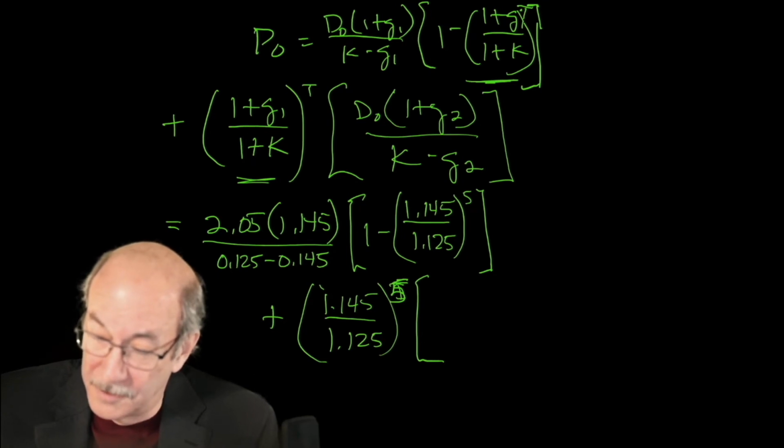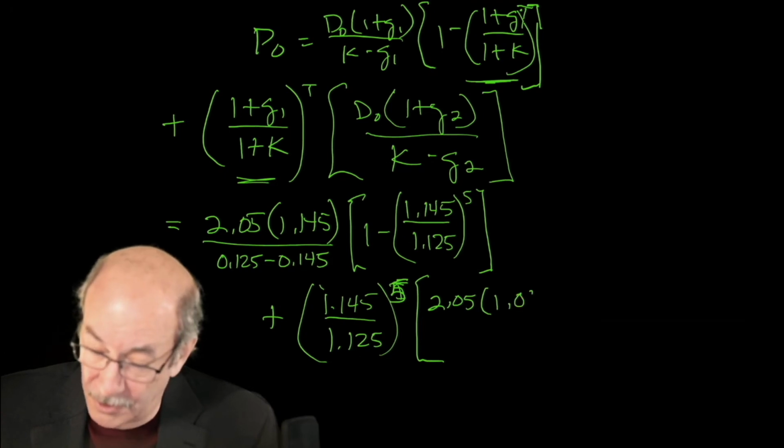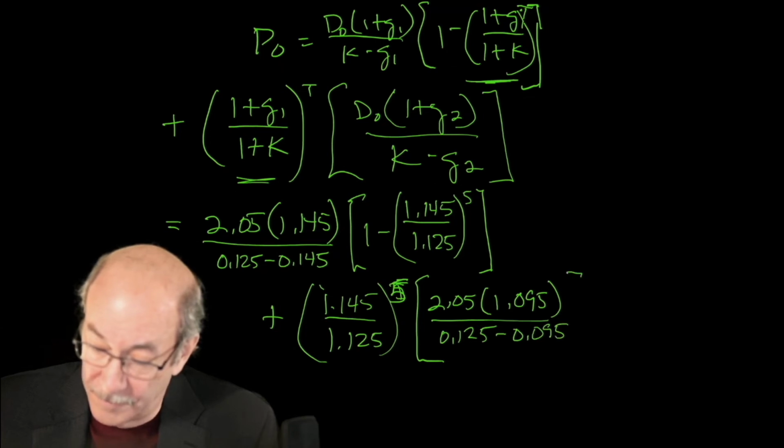I need numbers. $2.05 times 1.095, which is my G2, divided by 0.125 minus 0.095.